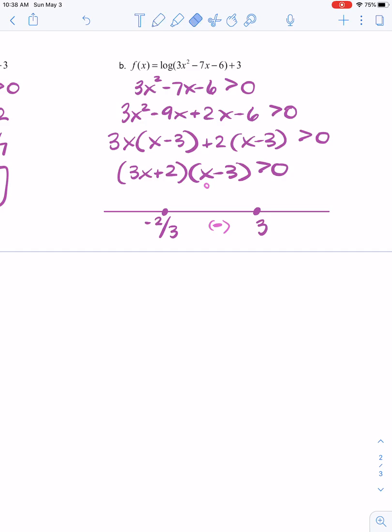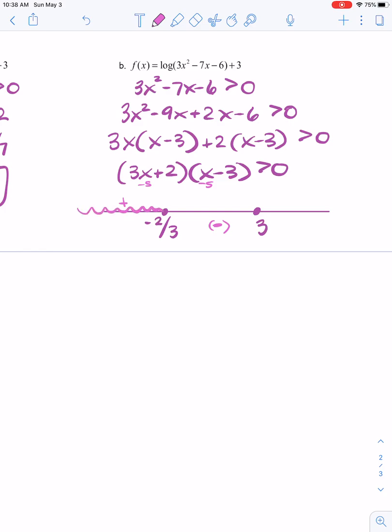However, if I plug in a number to the left of -2/3, let's say I plug in -5 for x. 3 times -5 is -15, plus 2 is still a negative number. -5 minus 3 is a negative number. Negative times negative is positive. Positive is greater than 0, so this part will be shaded.